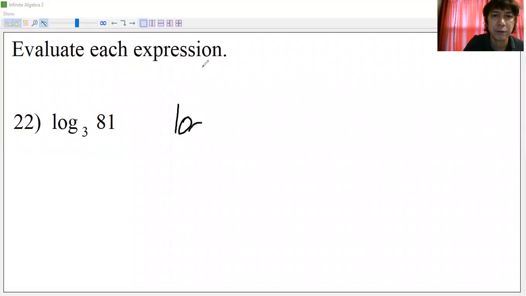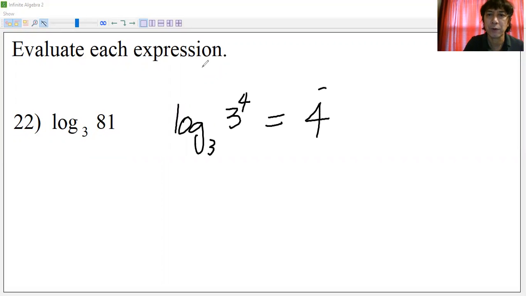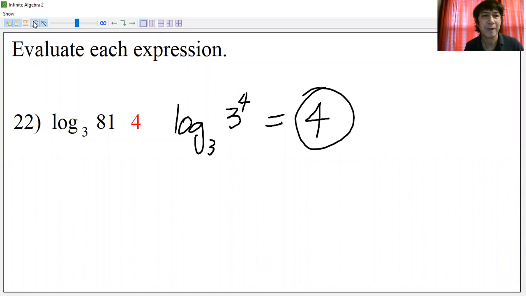So we have logarithm of 81, that's 3 to the power 4. That's 3 times 3 times 3 times 3. And so we have here the answer. That is just 4. And we should be able to verify that there. So that gives us the confirmation.